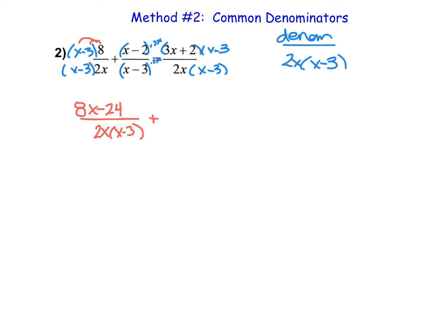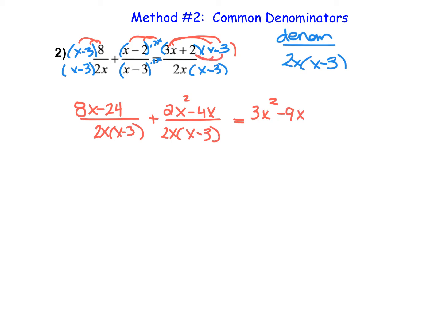Then plus, if I distribute this 2x out, I end up with 2x squared minus 4x over 2x times x minus 3, is equal to, this one's going to take a little bit more, so I have to do 3x times x and 3x times negative 3, so that's going to be 3x squared minus 9x, and then this becomes plus 2x minus 6, all over 2x times x minus 3.